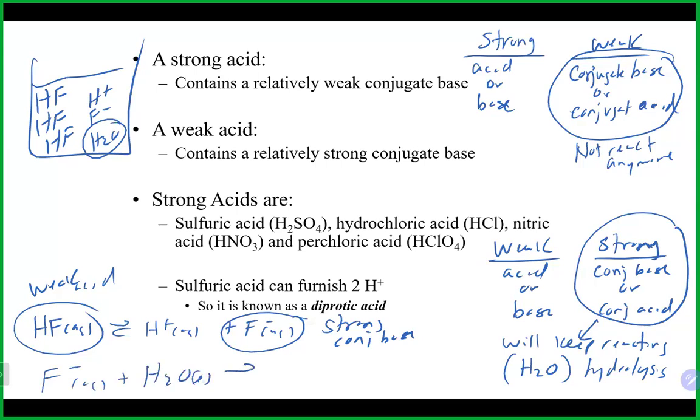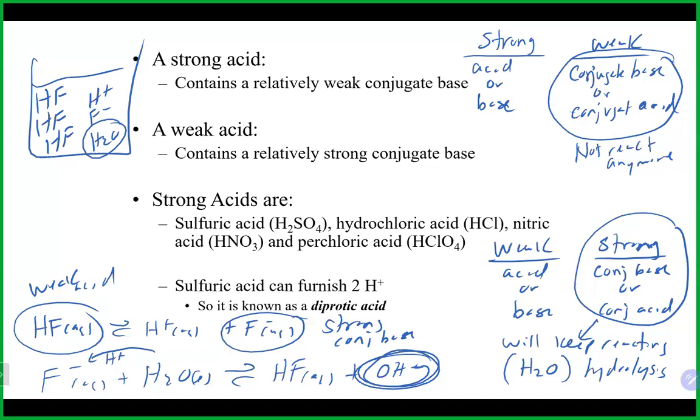When it continues to react with water, it will act as a conjugate base and accept an H plus from water. And it will produce some more HF. But the result of that is it will also produce more hydroxide in that solution. If you had something like a sodium fluoride solution, you would expect it to be more basic because it will be able to produce some more free hydroxide.